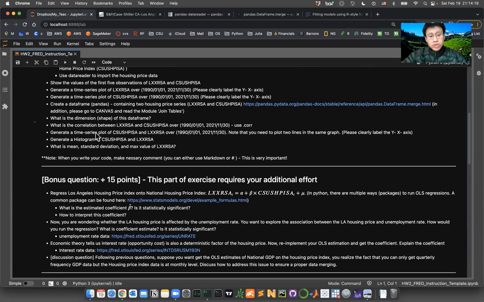Then you want to regenerate the time series plot of the LA housing price and the national price in one graph. Basically, I want you to present two time series within one graph, because in that case, under the same scale, you can compare LA to the national housing price level in a more direct and user-friendly manner.